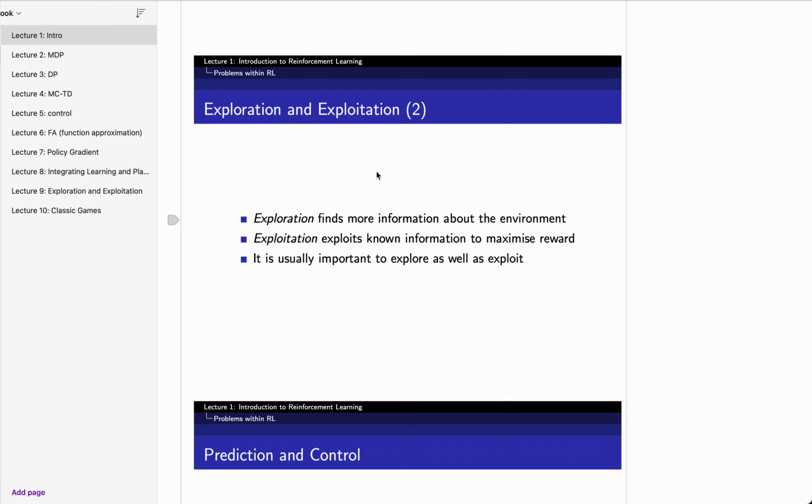You're just trying to figure out the environment. The more you explore, maybe there's a better chance to find a shorter, faster, better path to reach the terminal, to get out of the maze. So that's exploration.